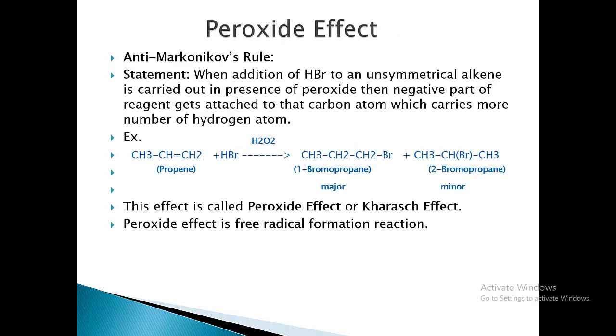Now, the peroxide effect. The peroxide effect is nothing but anti-Markovnikov's rule. Last year we saw this peroxide effect also. When addition of HBr to an unsymmetrical alkene is carried out in presence of peroxide, then the negative part of the reagent gets attached to that carbon atom which carries more hydrogen atoms.